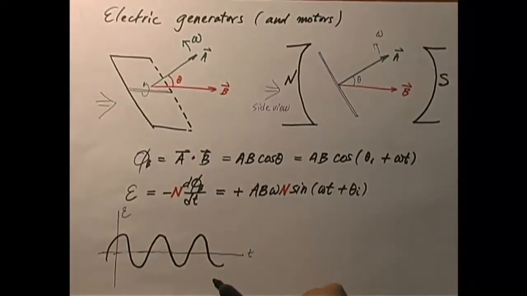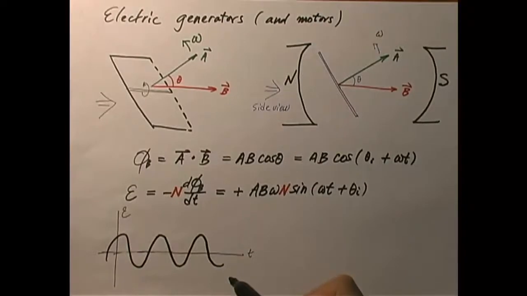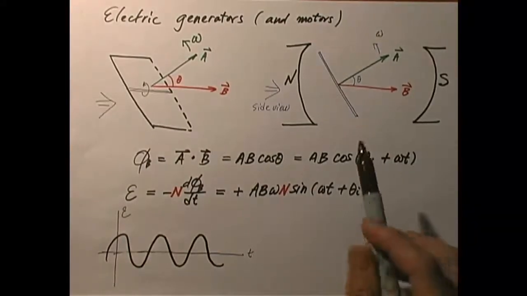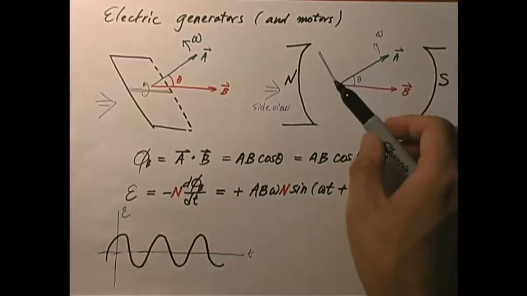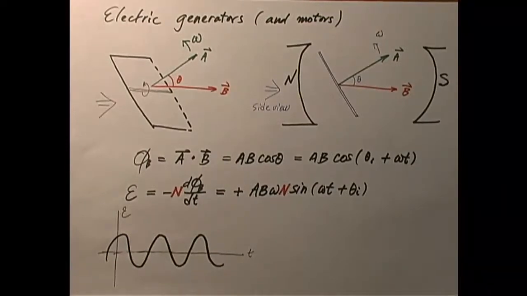But let's focus right now only on this particular form of EMF, which is easily, at least in principle, generated by turning this coil in a uniform magnetic field, and Faraday's law then gives us the alternating current.